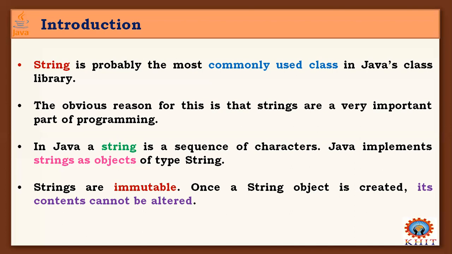Immutable means once a string object is created, its contents cannot be altered, cannot be modified, cannot be changed. That means the string objects are unchanged. Okay.